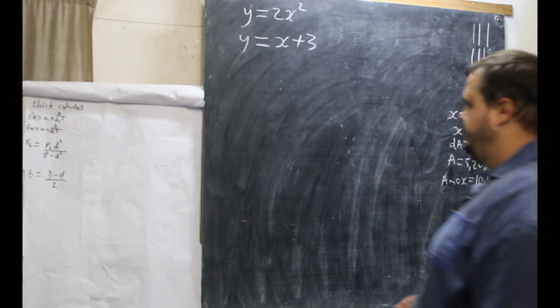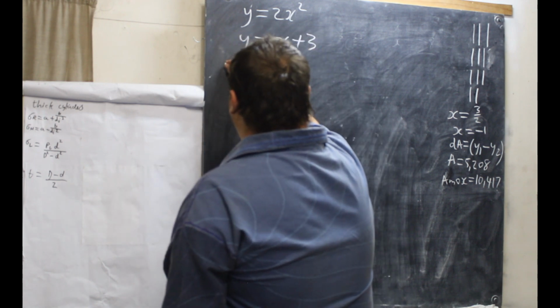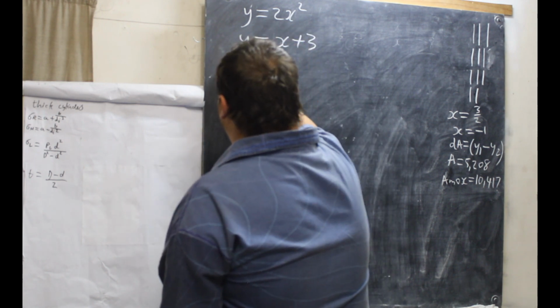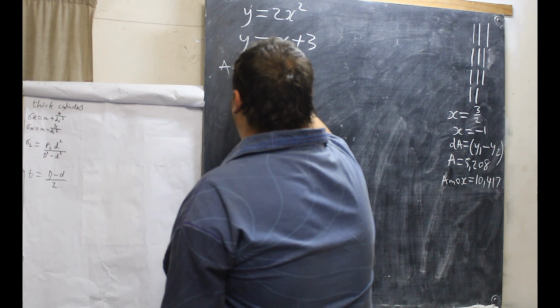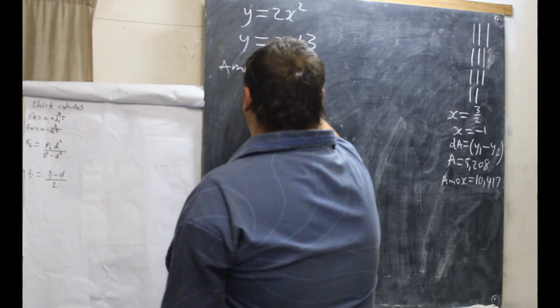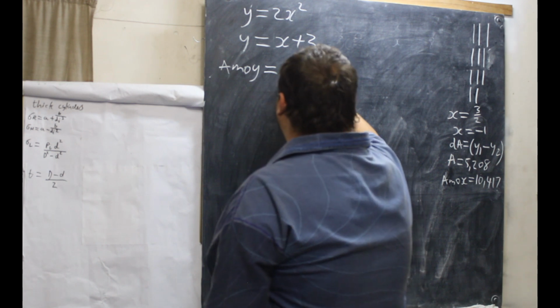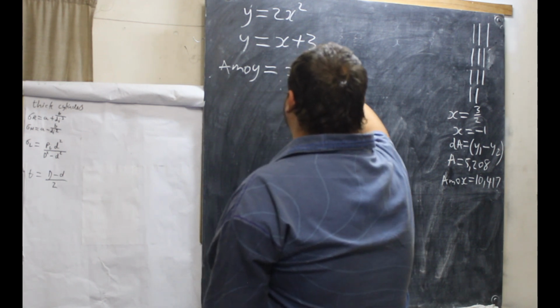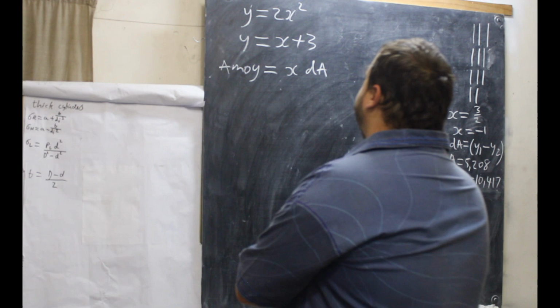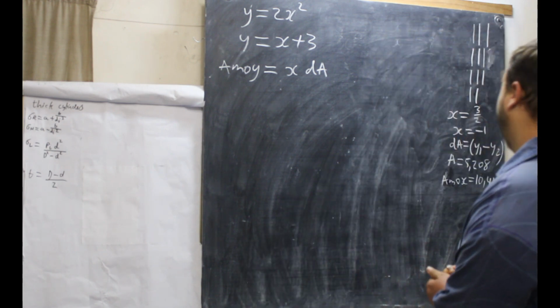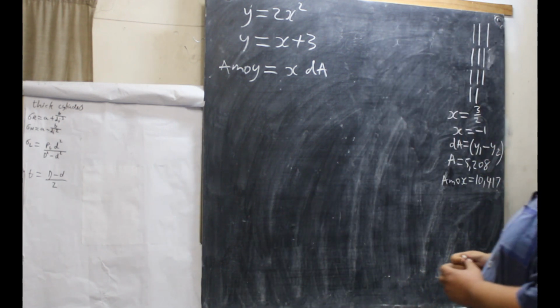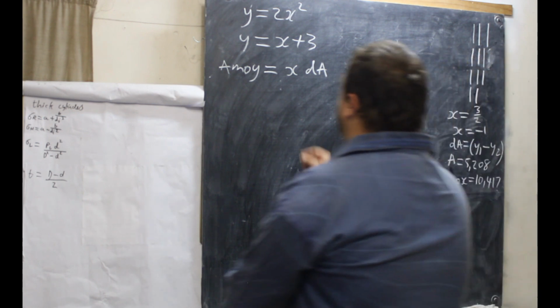Now for phase 3. AMOY equals. Now this one's a little bit different. This is x dA. So dA is y1 minus y2.